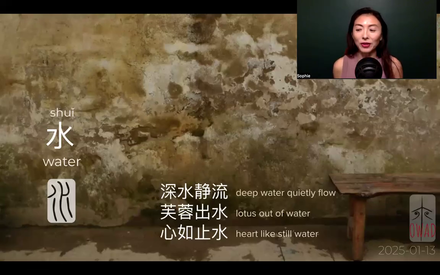It means you're almost half dead or ready to die because things are not flowing, things are not changing, and you're not metabolizing emotionally, right? So heart like still water, 心如止水, was such an expression to describe your emotional deadness, or your emotional stillness after some big impact.